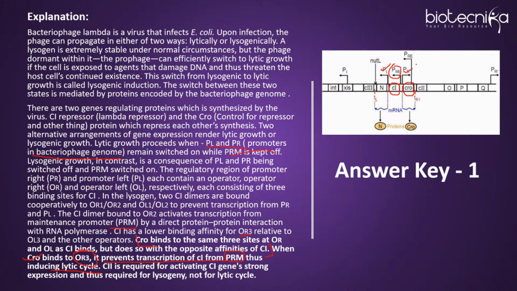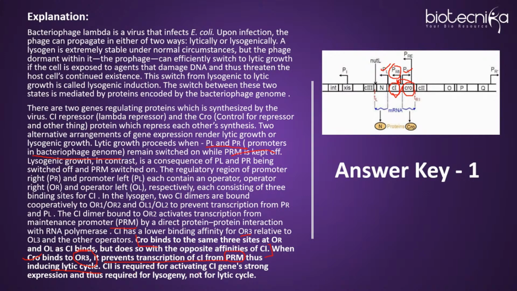So the C1 repressor gene is basically responsible for the lysogenic cycle to continue. If C1 is inhibited by the CRO protein, this results in the lysogenic state being lost. It prevents the transcription of C1 from PRM, thus inducing the lytic cycle.